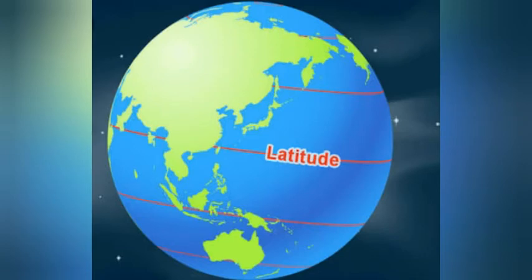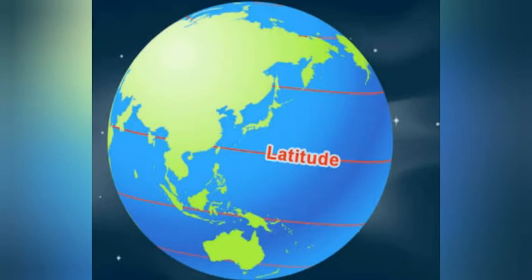Dear students, let's study briefly about latitude. Latitude is an imaginary line which joins all the places which have the same angular distance north or south of the equator.